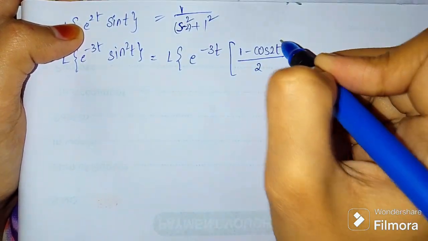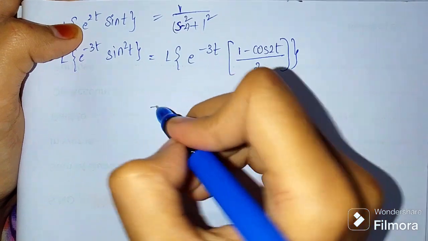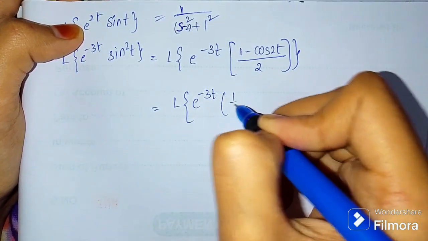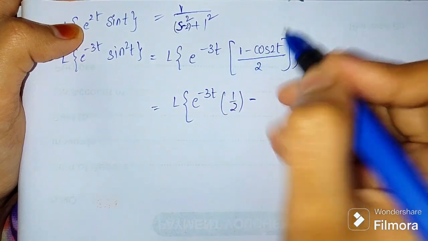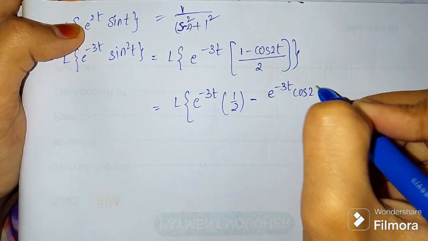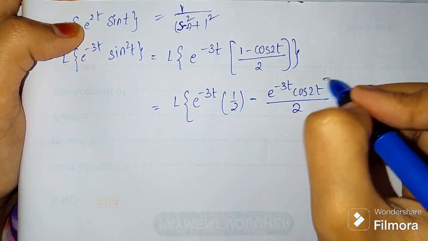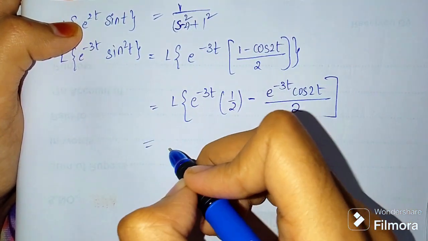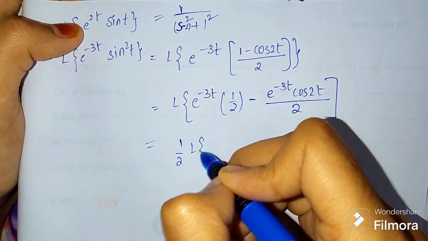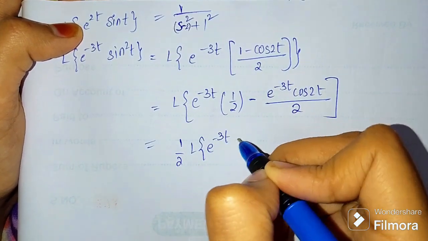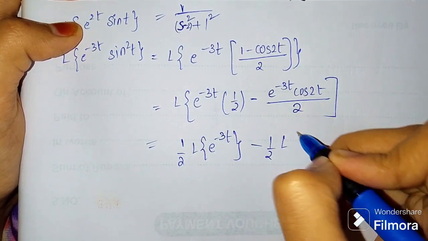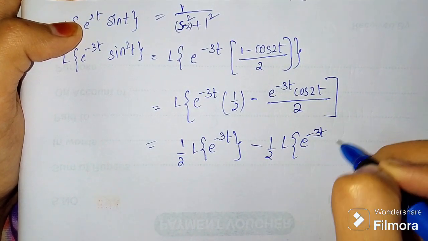Now multiply with this: e power minus 3t into 1 by 2 minus e power minus 3t cos 2t by 2, isn't it? So now, putting the constants outside, 1 by 2 Laplace of e power minus 3t minus 1 by 2 Laplace of e power minus 3t cos 2t.